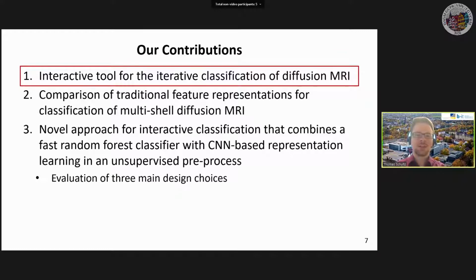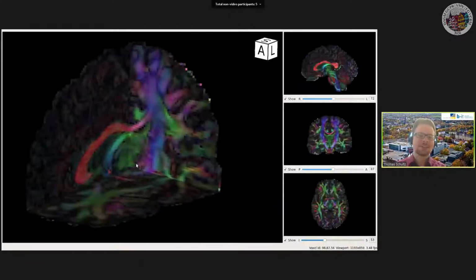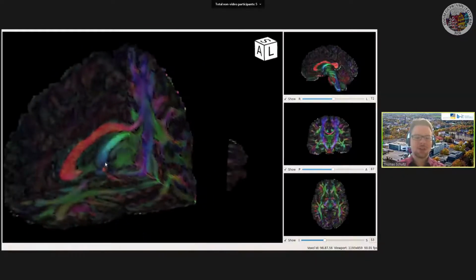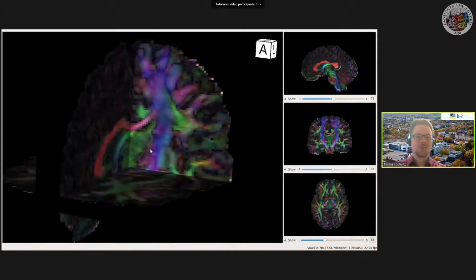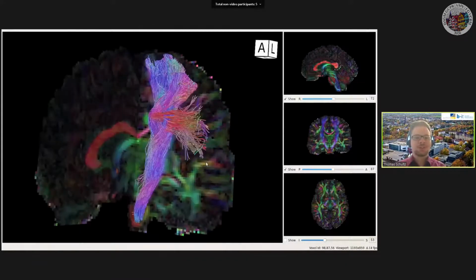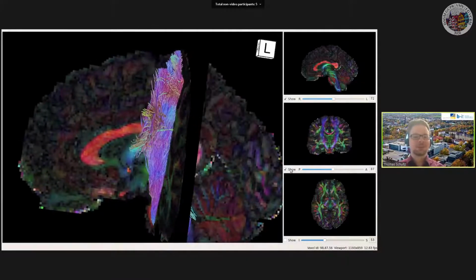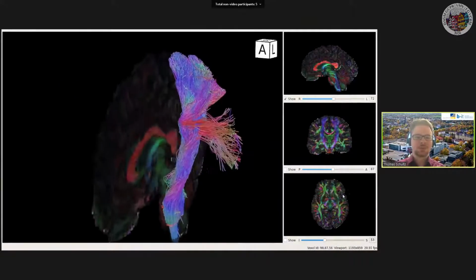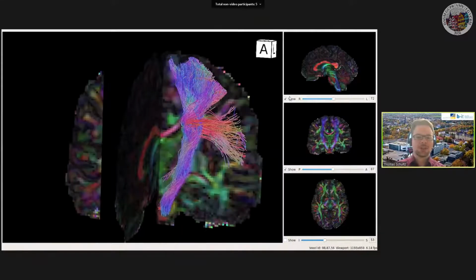So let's start with the first contribution. Again, it's easiest to explain in a video. So here are the standard RGB color codings where the color reflects the principal fiber direction at each voxel. Also, if you want to see them for reference, you could look at tractography results. So here again, we have a tractography of the corticospinal tract.